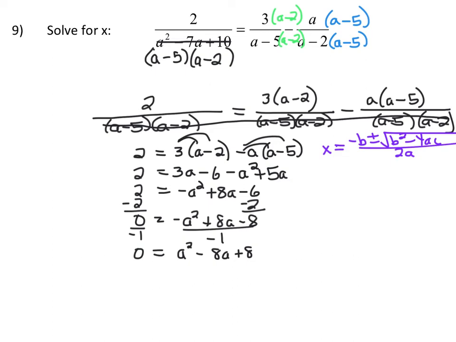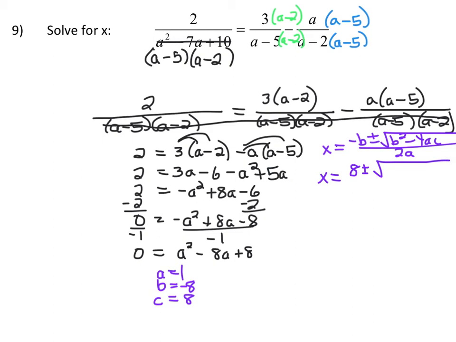If you look down here, our a is the number in front of the a squared, which is 1. Our b is the number in front of the a, which is -8. And the c is the number all by itself at the end with no a attached to it, which is positive 8. All right, so let's plug this in. So we have x equals negative b. So negative -8 would be positive 8 plus or minus the square root of b squared.